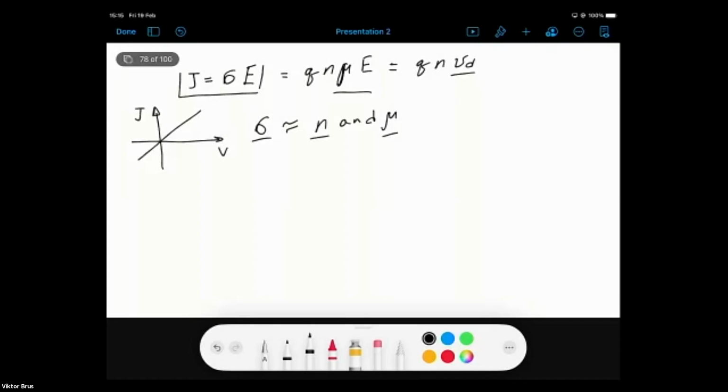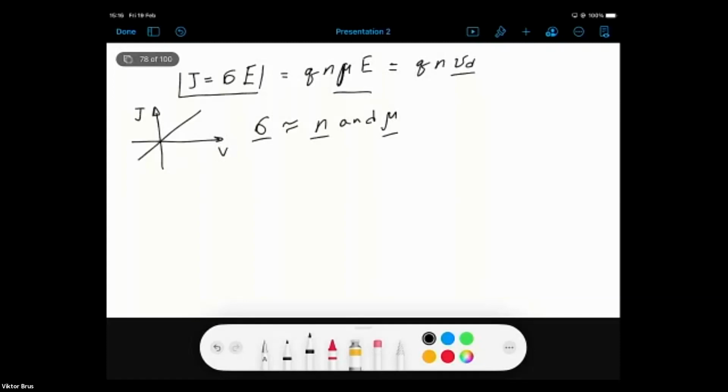So it was quite a challenging task, but thanks to some findings of Edwin Hall in 1879, this became possible. What exactly Hall found is that when we place a current carrying conductor in a magnetic field, a certain potential difference is generated in the direction perpendicular to both the current direction and the magnetic field.